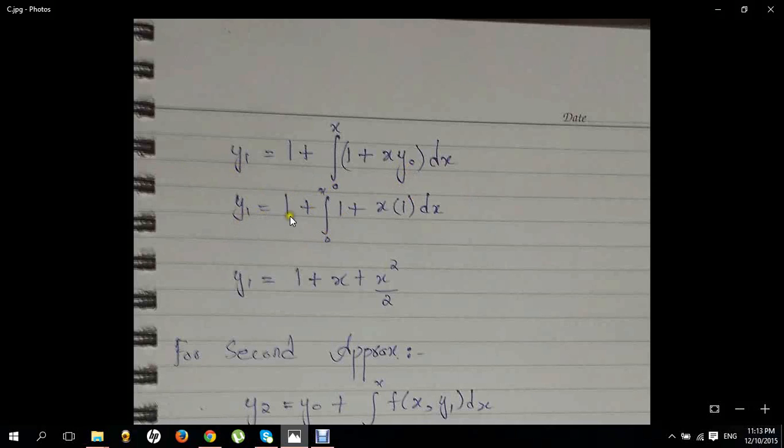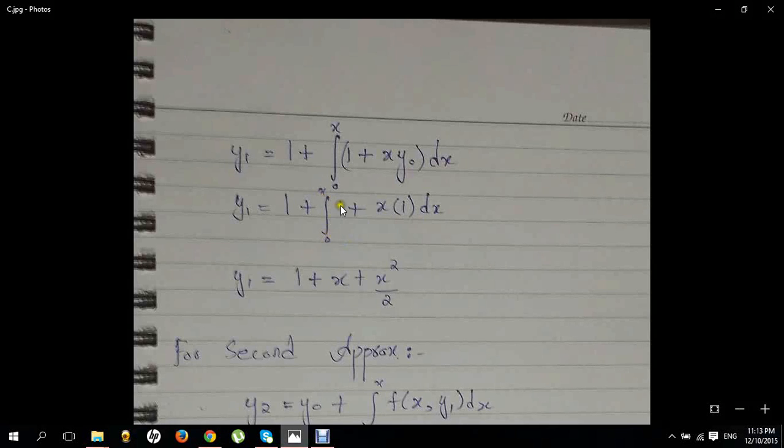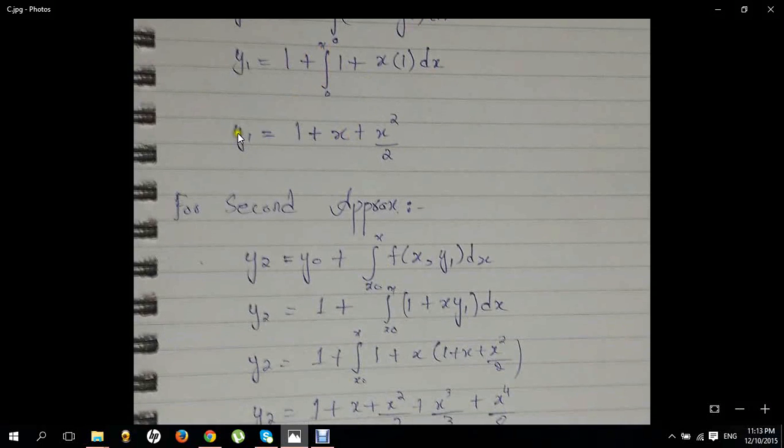We're going to solve it. First we put the value of y0, which is 1, and then we integrate by dx. So due to our parameter, it becomes x plus x square upon 2. It's basically a simple integration. So we have our value of the first approximation, which is y1 equals 1 plus x plus x square upon 2.